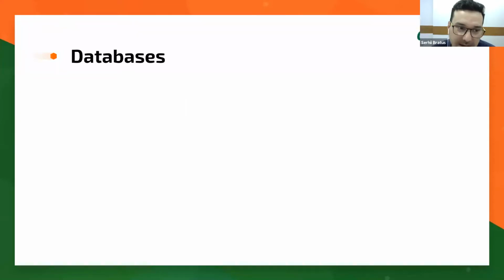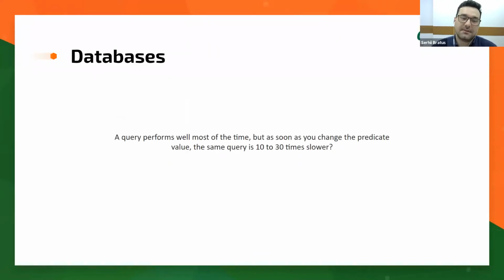And just fast forward to databases. I have a funny story about databases, how we can improve performance in a little tricky way. The idea is a query performs well most of the time, but as soon as you change the where clause and the predicate value, the same query gets 10 to 30 times slower, right?